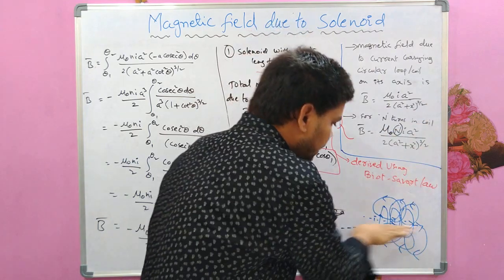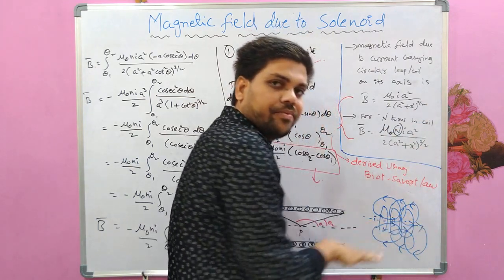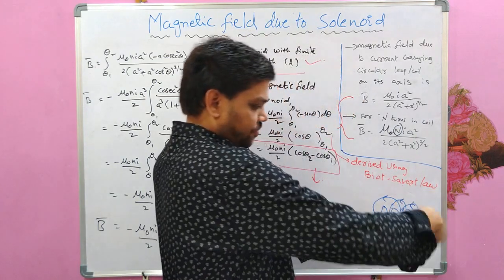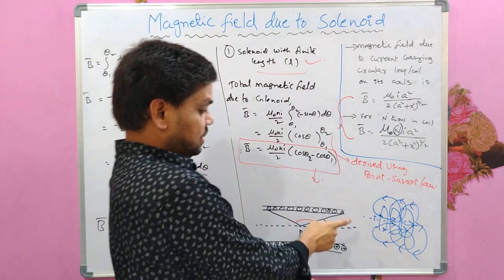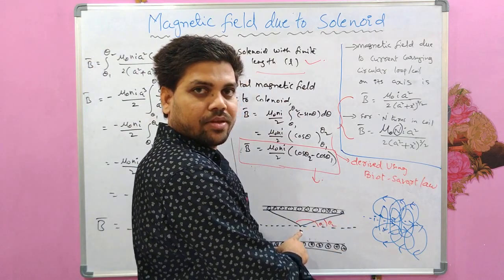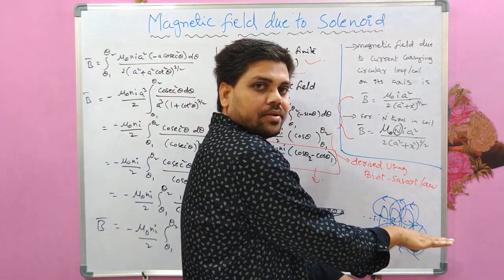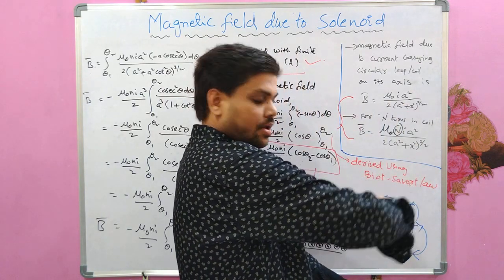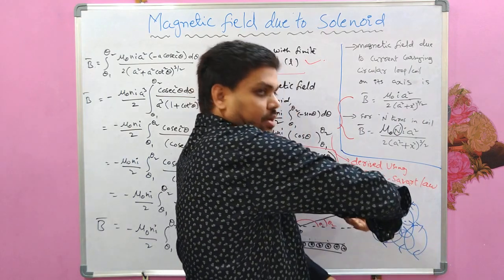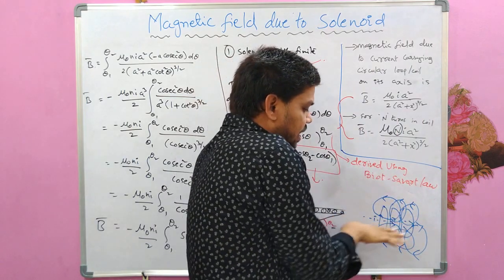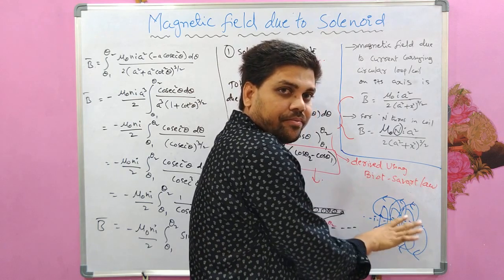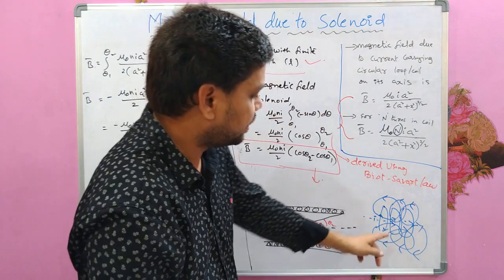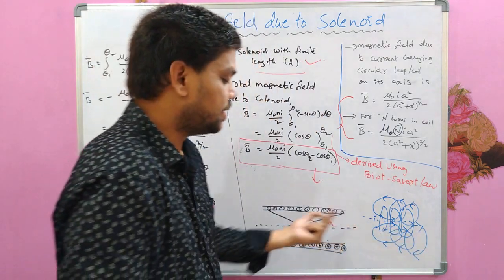But if you observe inside this solenoid, the magnetic field is always in this direction for this particular current direction, along the axis. Then it is taking a turn like this on the top, and coming like this from the bottom. But inside they are taking the same direction. Okay, so this is how you can explain the magnetic field direction.